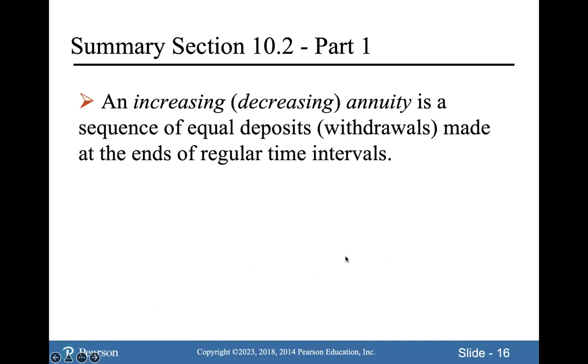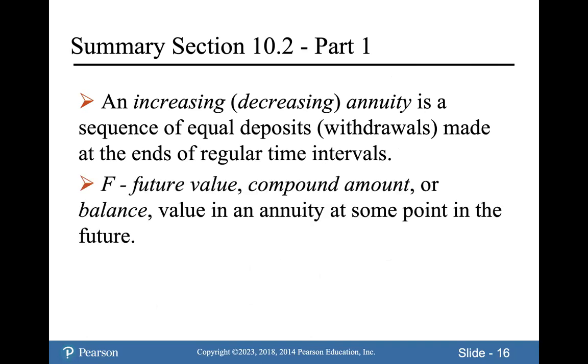All right, so to summarize this section, an increasing or decreasing annuity is a sequence of equal deposits or withdrawals made at the ends of regular time intervals. F, the future value, compound amount, or balance, is the value in an annuity at some point in the future.